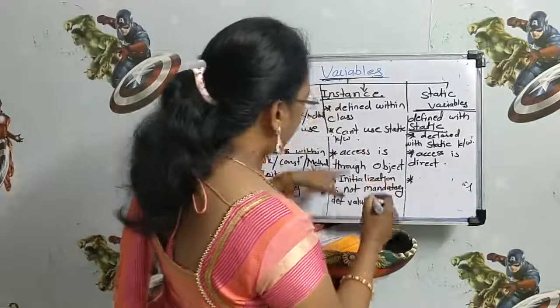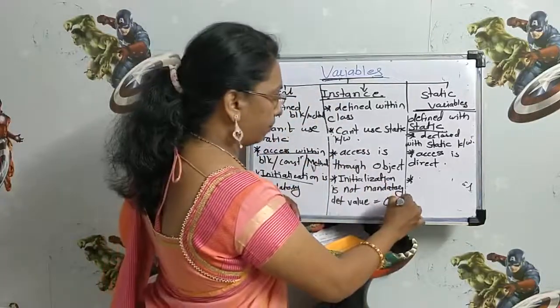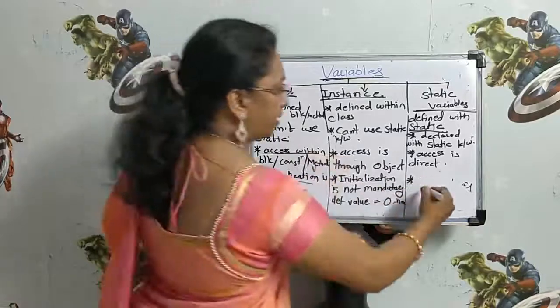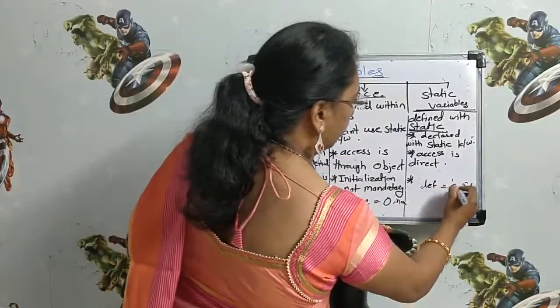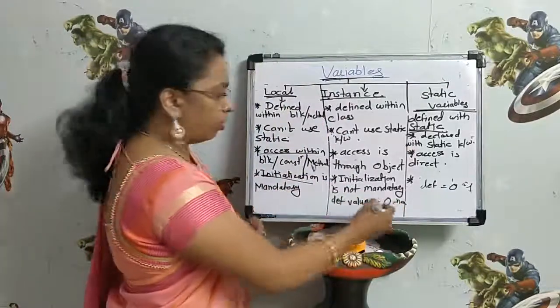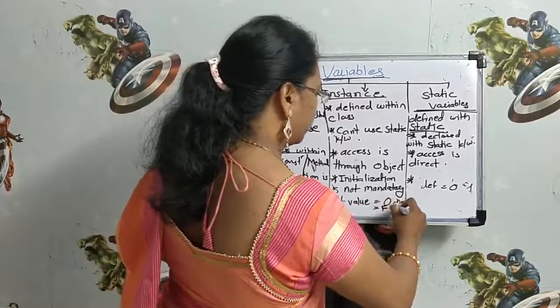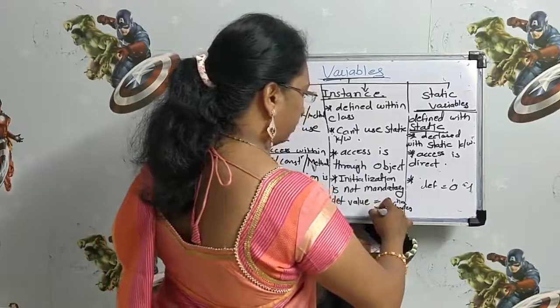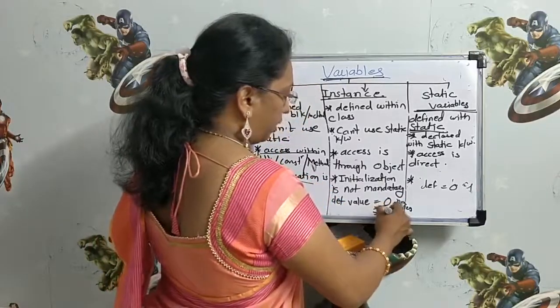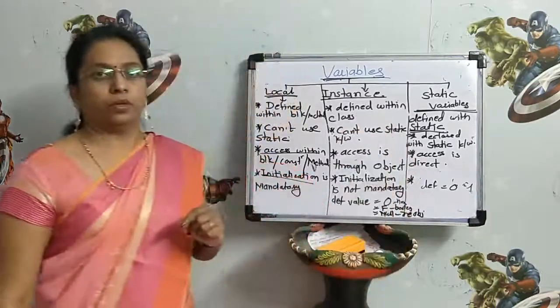In case of an instance variable, the default value is 0 for numbers, false for boolean, and null for reference objects.